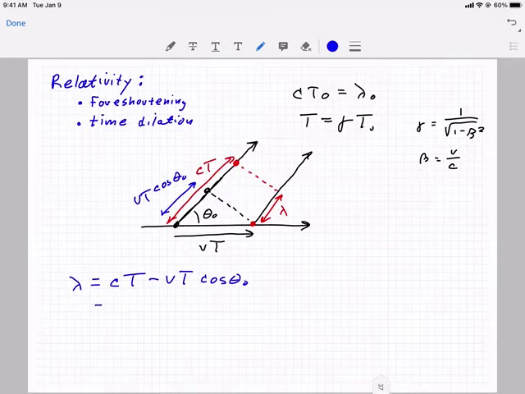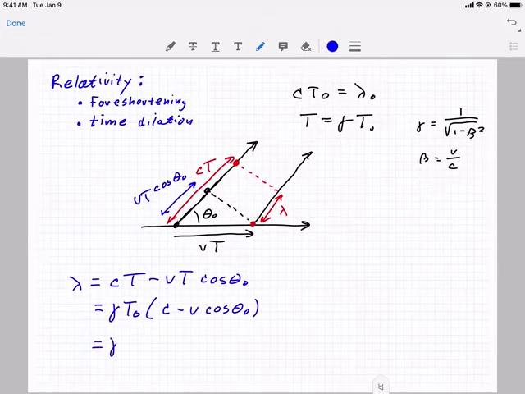Then we'll throw in the fact that T goes as gamma t naught. We'll distribute that out front, so I get a c minus v cosine theta naught. Then let me divide through by c, and the t naught will become a wavelength, the natural emission wavelength, but this now becomes 1 minus beta cosine theta naught.